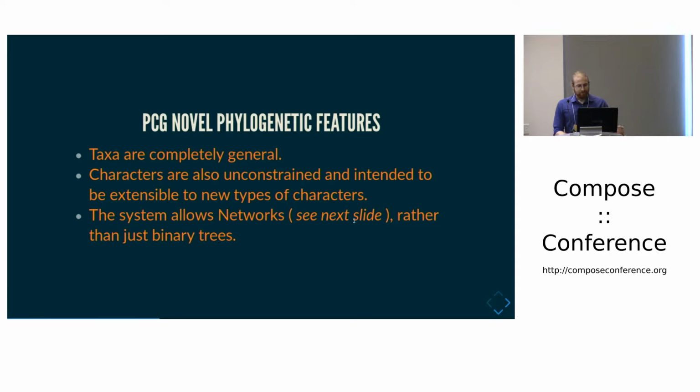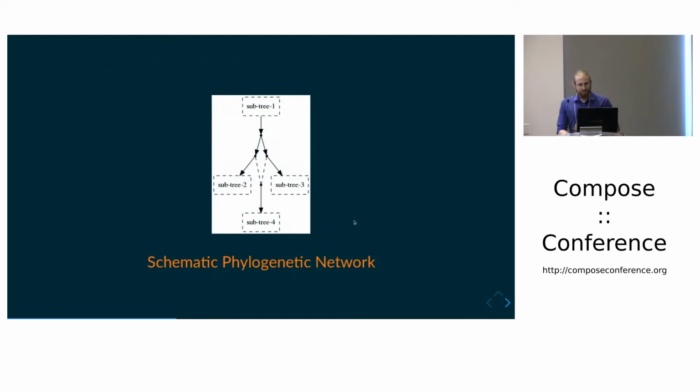And we've generalized in this software from binary trees as output to phylogenetic networks, which allows us to represent more complex evolutionary histories. So as you can see here, this is not a binary tree because we have an in degree 2 node right here.